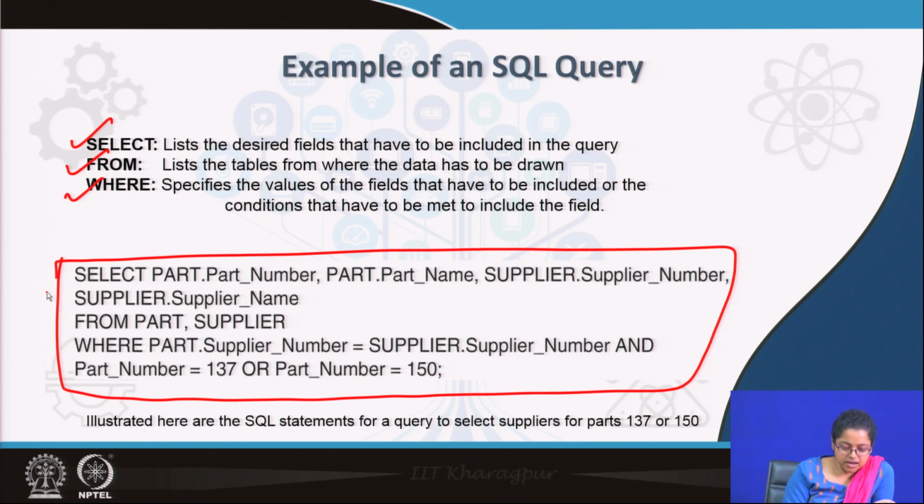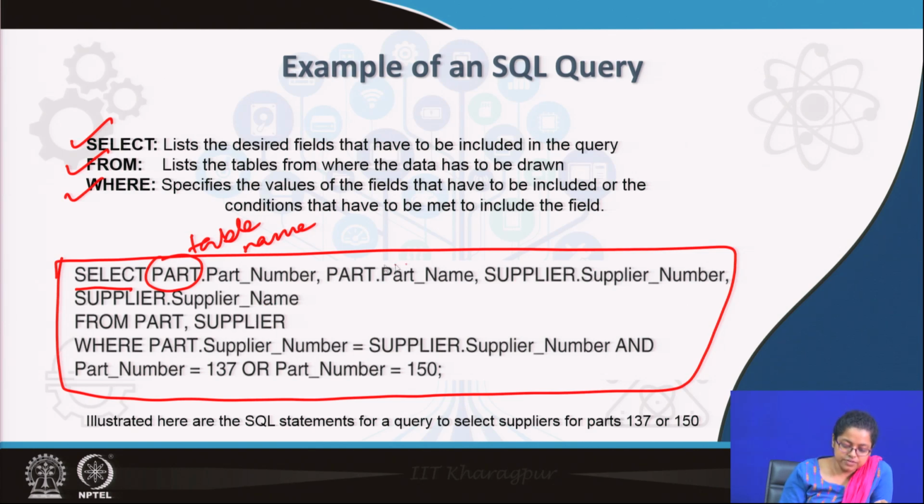So, we see this select, the first clause, part dot part number. Part represents the table name, and again part dot part name. These two are from the part table, then supplier dot supplier number and supplier dot supplier name from the supplier table.